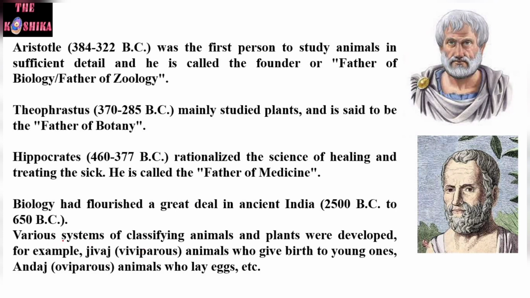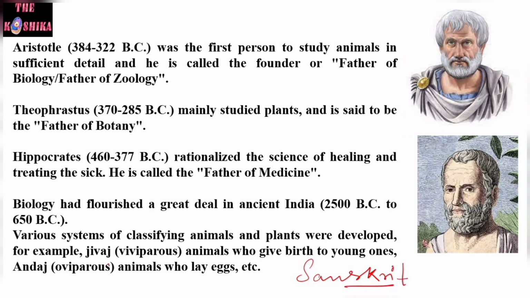Okay. Now in Indian terms, you can say that the study of living beings also takes place. But you know the language of ancient India is Sanskrit, so it is difficult for other people to understand.